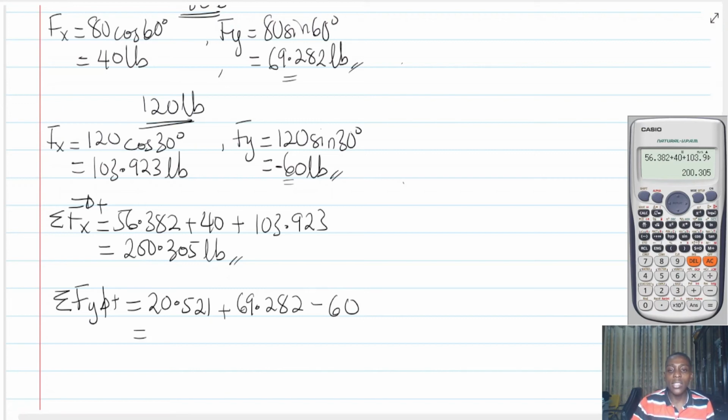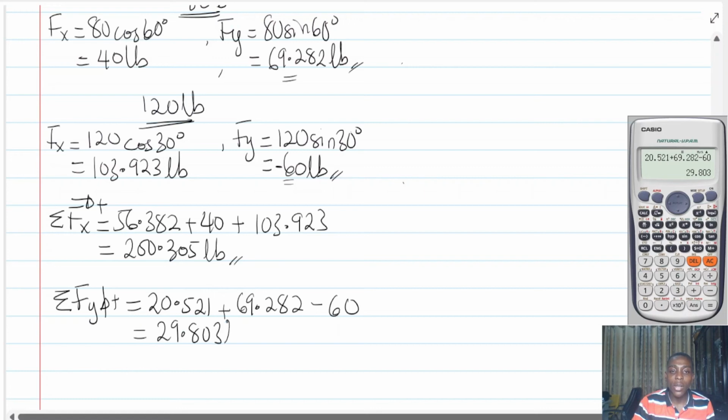So 20.521 plus 69.282 minus 60. Having done this, I'm going to get 29.803 pounds. So that is your force in the y direction.